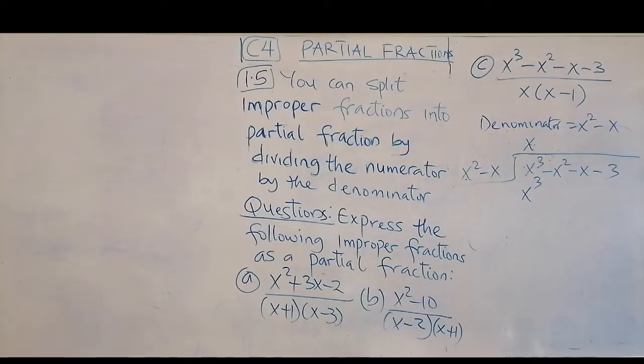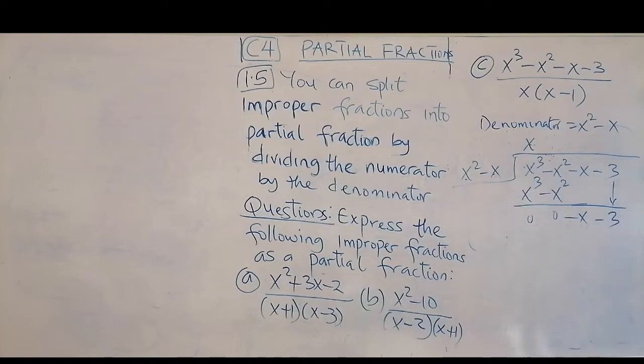Then this one times this one gives minus x squared. Then do your subtraction. This minus this will cancel. Then minus this minus this also becomes 0. So I have minus x. Then I'll bring this one down, minus 3. So that's what I have now.